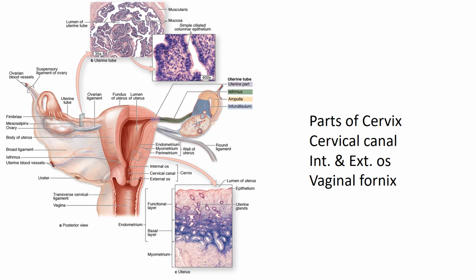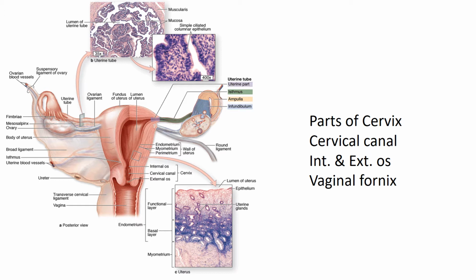Histologically they are two distinct regions. One is this internally placed portion, which has the lining similar to the lining of the uterine cavity. This portion is known as the endocervix.